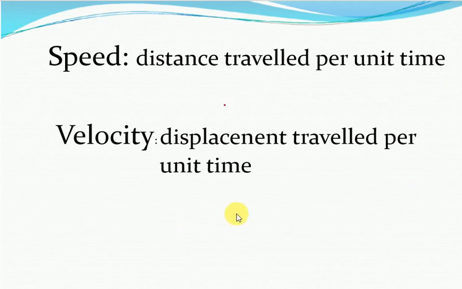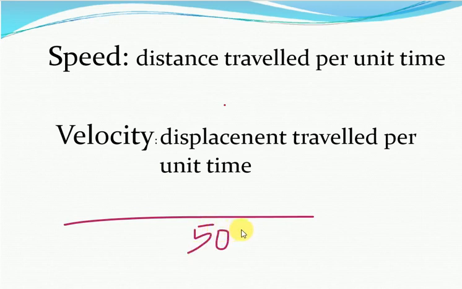Suppose a person is walking along a straight path, a straight line from point A to point B, and the displacement is 50 meter. The time taken by the person is 50 seconds. So 50 meter is traveled by the person in 50 seconds.